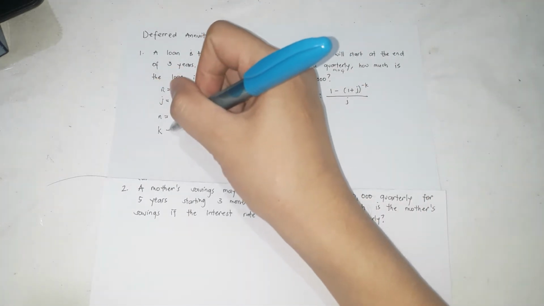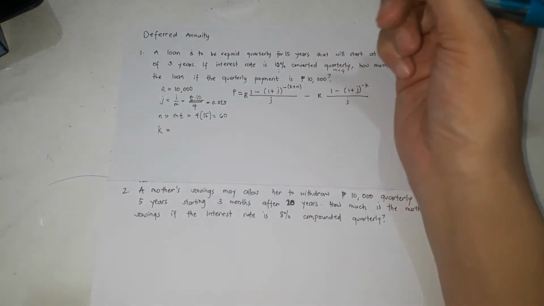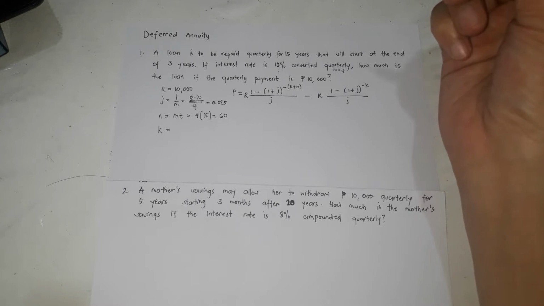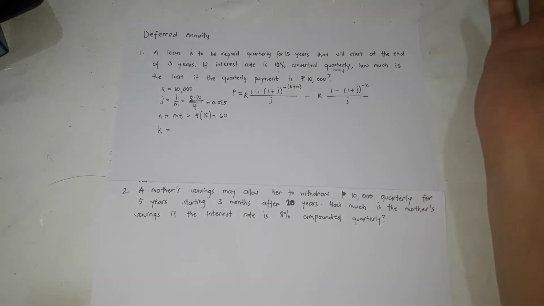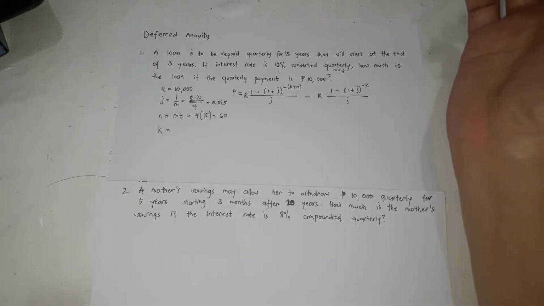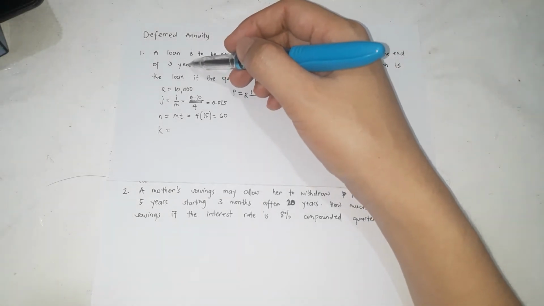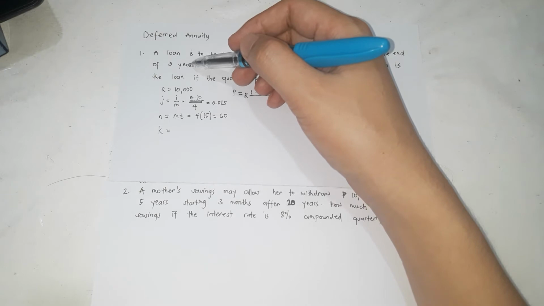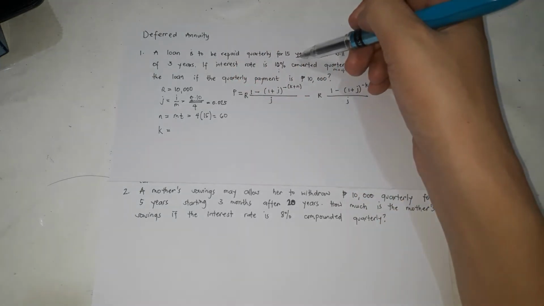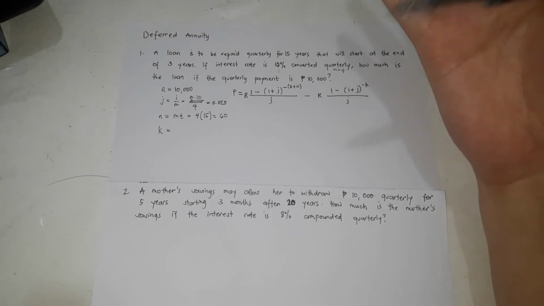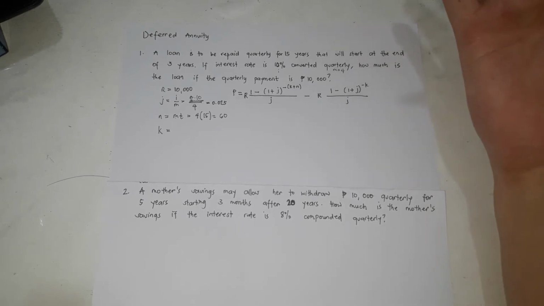Next, k. k is the number of conversion periods in the period of deferral, or the number of artificial payments. So in a matter of 3 years, how many conversion periods are there? Because it's quarterly, in one year there are 4, so in 3 years that's 12.